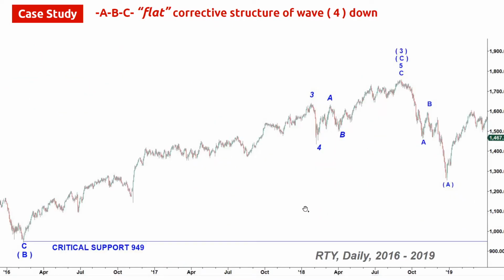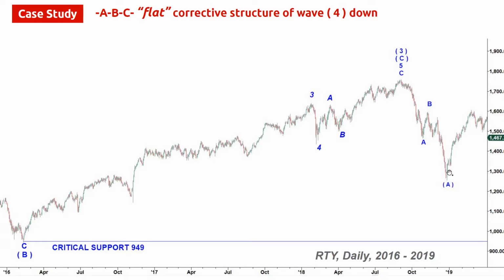Now, let's look at the actual chart of Russell covering the period from 2016 until 2019, and we always look for a strong rally which precedes a corrective move down. Look, that was subwave C of wave 3 that tapped at the very end of August 2019, and after the tap we got very quick ABC down.